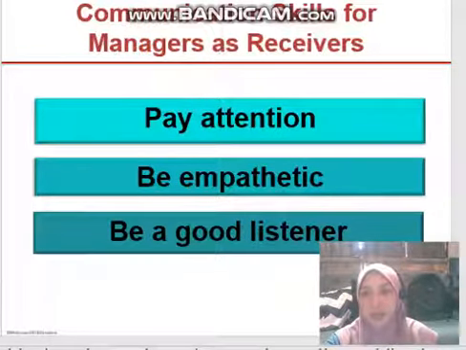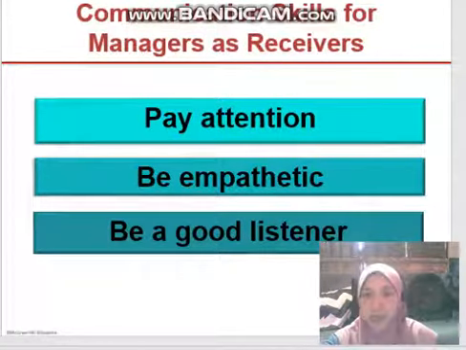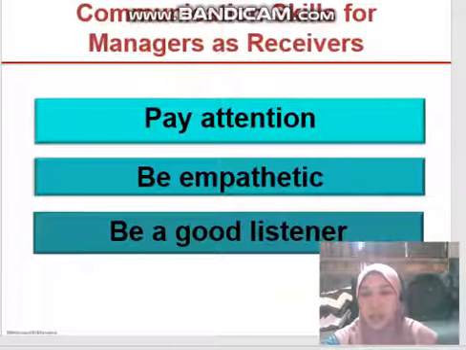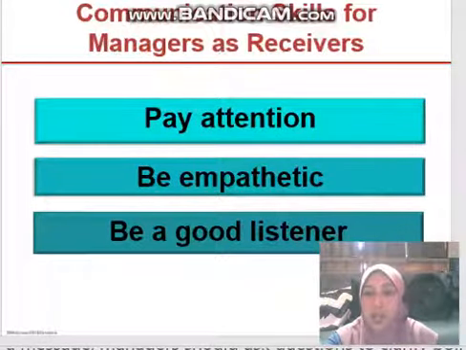And last but not least, the third communication skill for a manager as receiver is to be empathic. Receivers are empathic when they try to understand how the sender feels and try to interpret a message from the sender's perspective rather than viewing the message from only their own point of view.